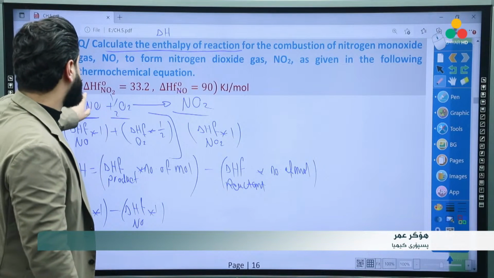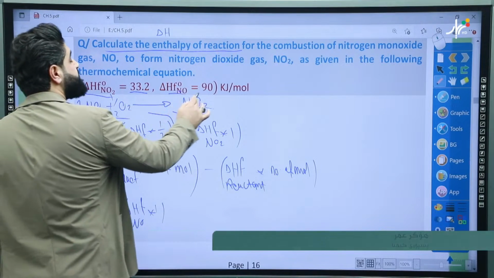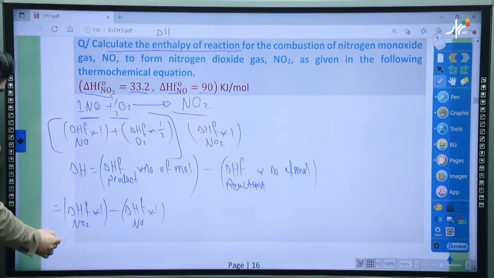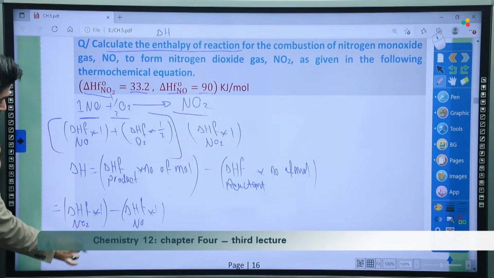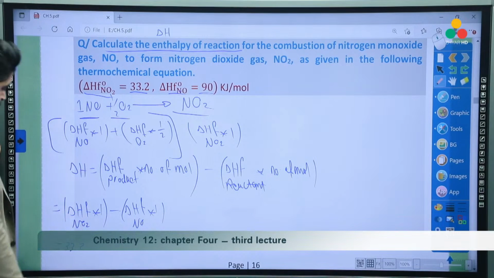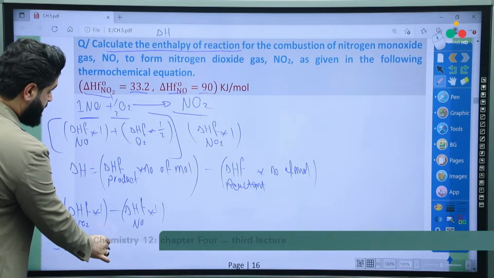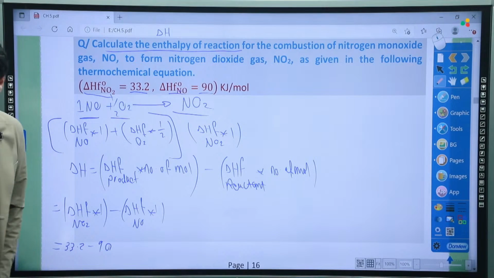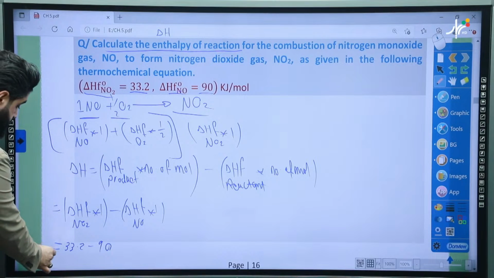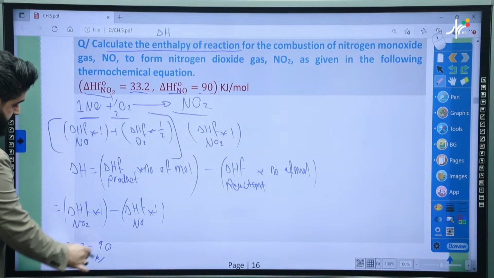We know that delta HF for NO2 is 33.2 and for NO it's 90. So substitute numbers. NO2, it's 33.2 times 1, okay? Minus 90. You see how easy it is? Okay, so it's equal to negative 57.1 kilojoule.